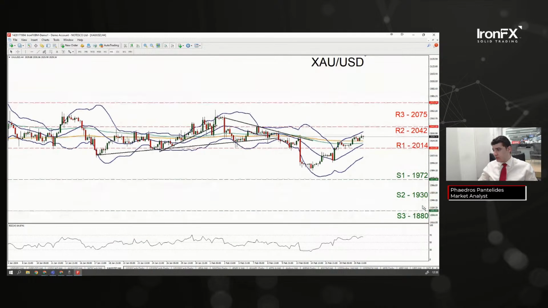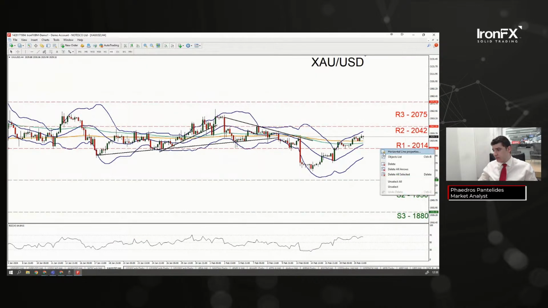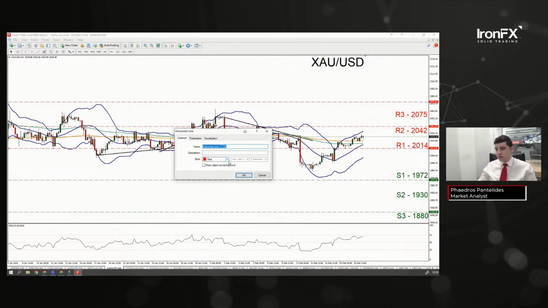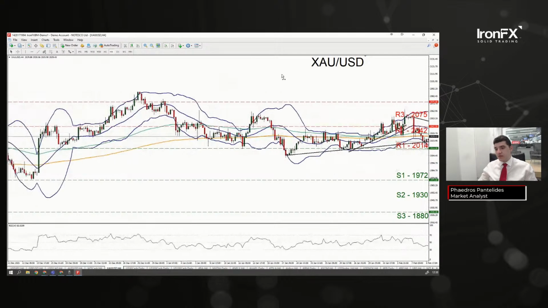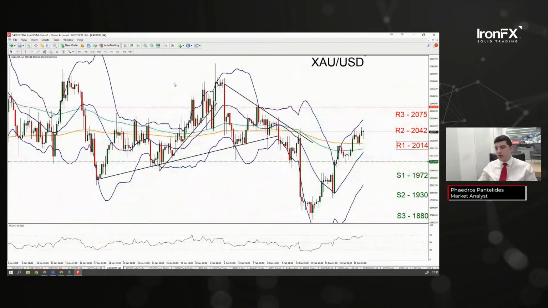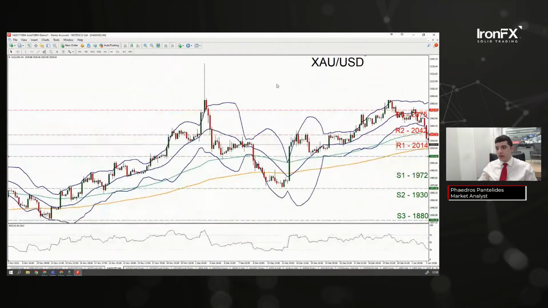Gold, let's do gold, which we had said we're going to be doing. This would be S1. So resistance turns to support, 2014. So this would be my R2, 2042.50. R3, 2075, and then let's go back.